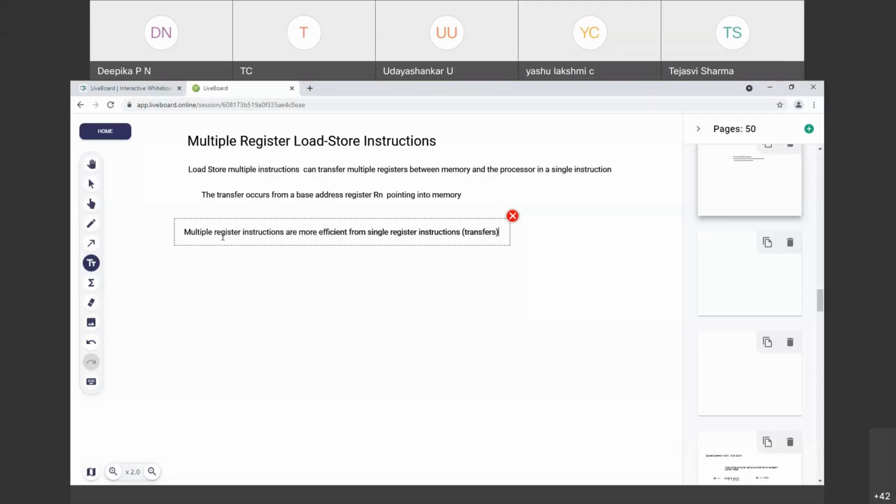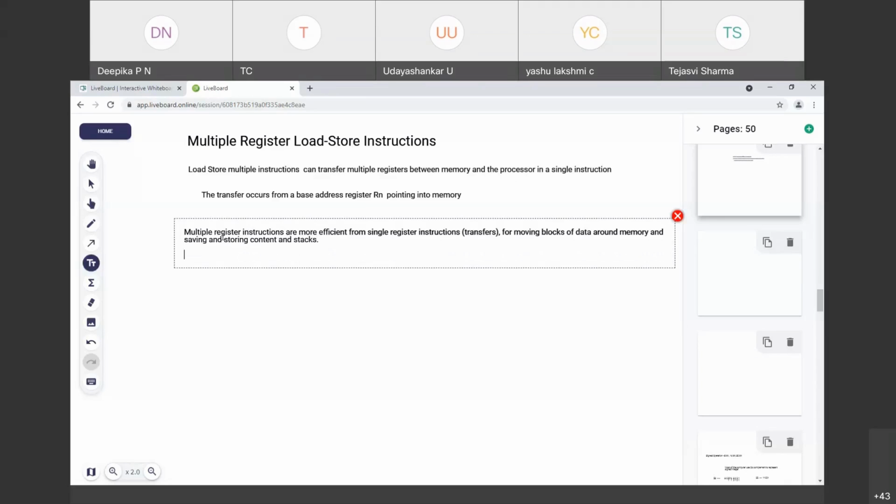Why? For what purpose? For moving blocks of data around memory, and for saving and storing contents in stacks. A stack is a memory location where you can save and store the contents.